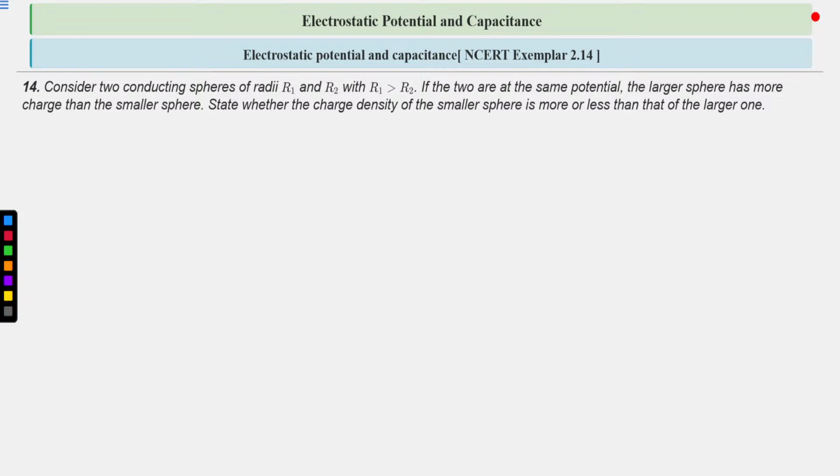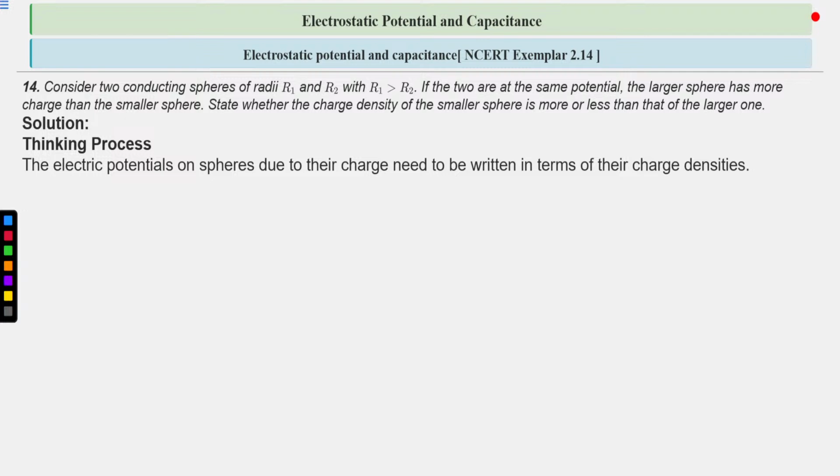So again, the question here. Let's see the solution. The thinking process for this question is that the electric potential on the surface due to their charge needs to be written in terms of their surface charge density.